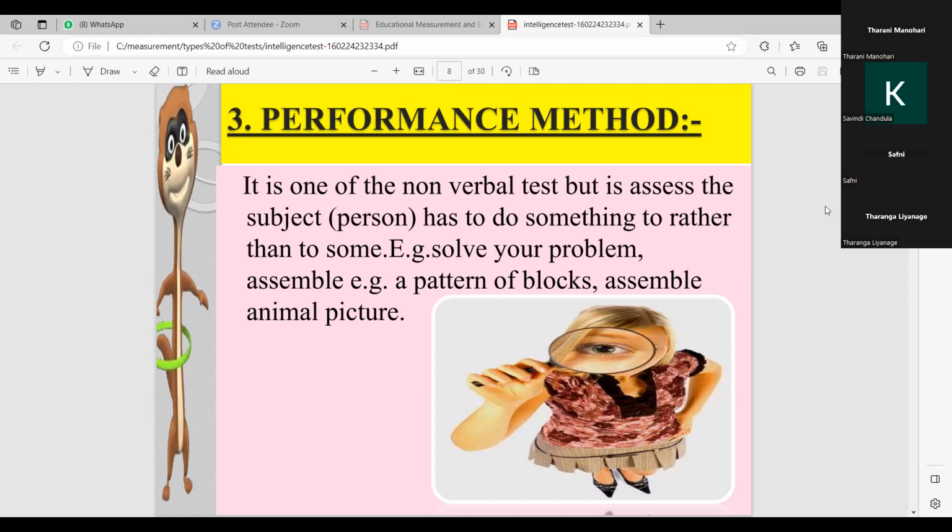Examples: assembling things like patterns of blocks. Blocks are given, and they have to assemble animal pictures, like the puzzles for completing a picture of an animal, etc. Sorry, there are some disturbances. Give me a minute again.